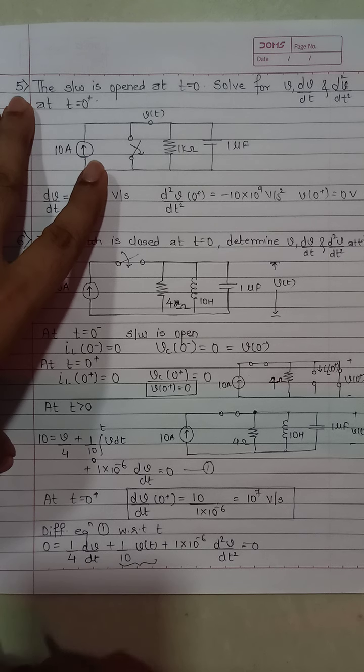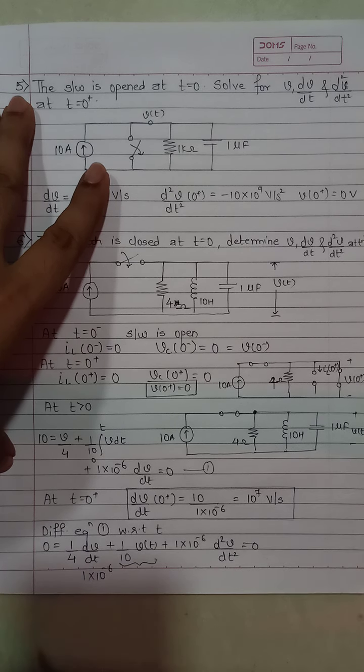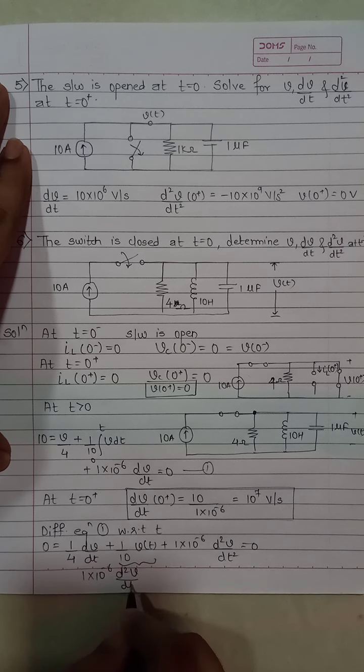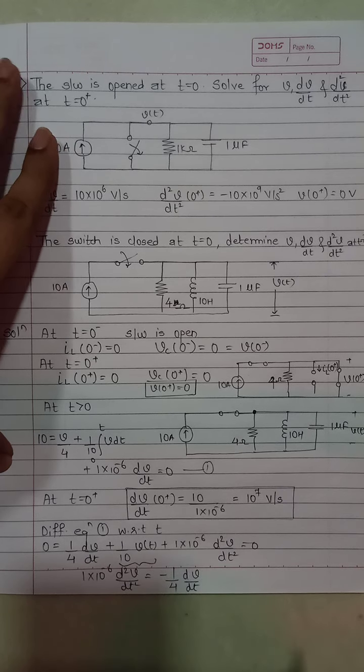Now at 0 plus this is 0, so I can say 1 into 10 raised to minus 6 d square v by dt square will be minus 1 upon 4 dv by dt.